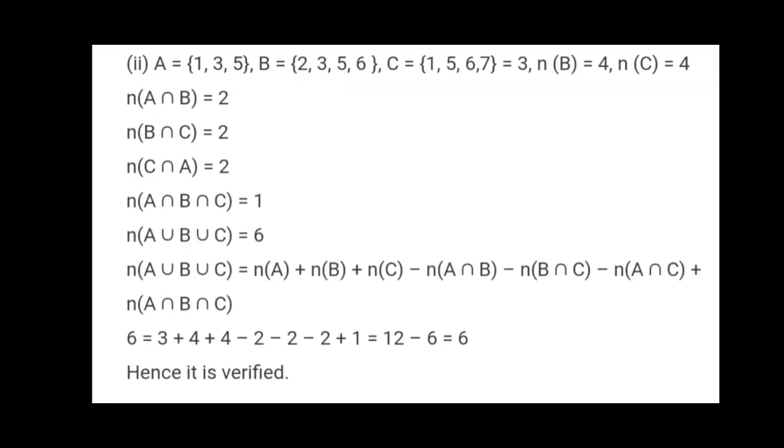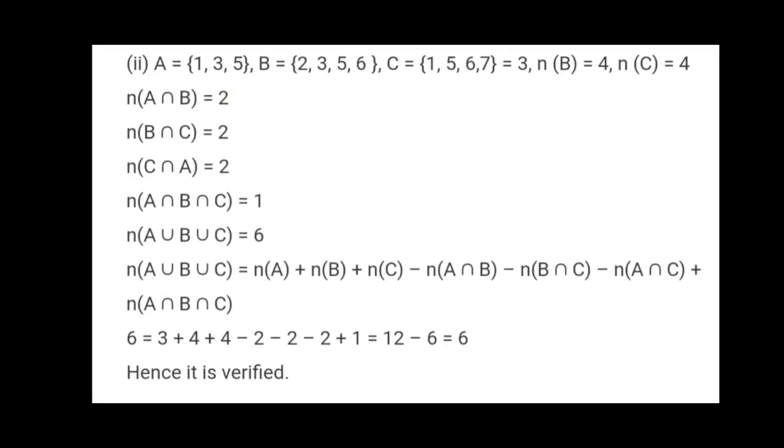Not the value 2, then two common elements. And B and C common elements are 5 and 6. So we can write here 2, and the common elements in A and C are 1 and 5.